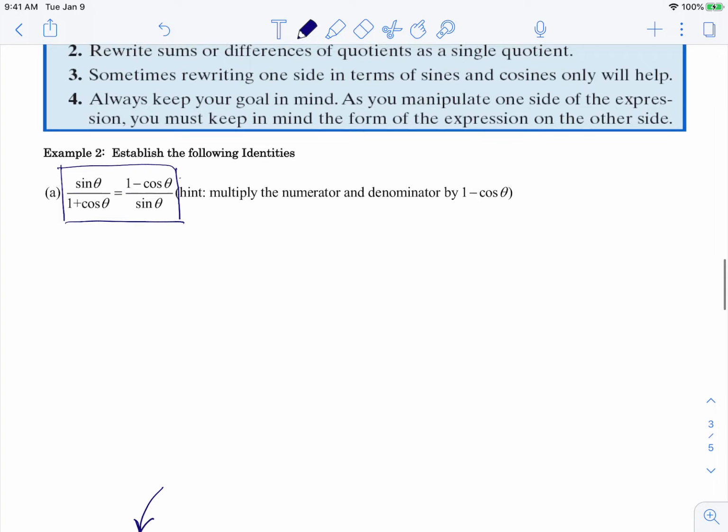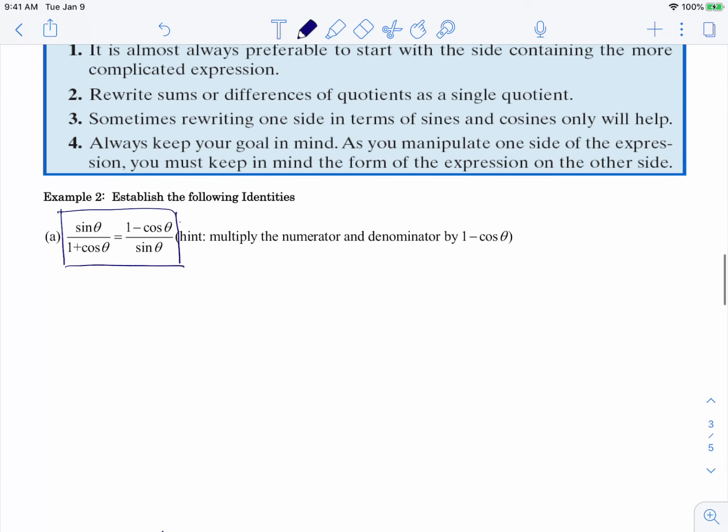So going back up to A, we are going to go ahead and just start with the left side. All right, here's the other rule you have to follow. And you wish this was not the case because it would make things much easier. You can only manipulate one side.